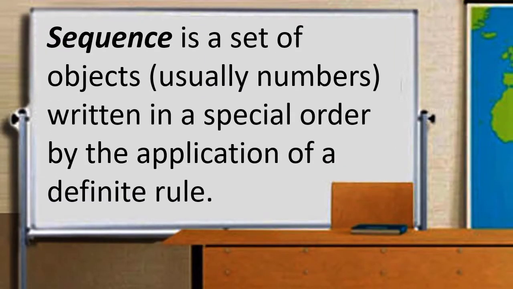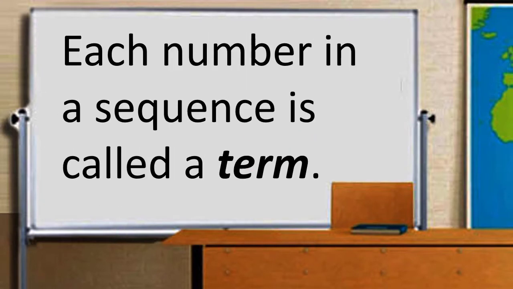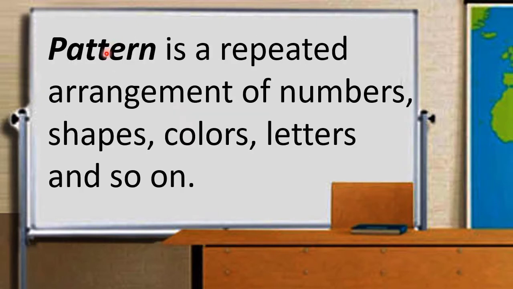First and foremost, let us study the different terms that later on you will encounter in our discussion. The first one is sequence. It is a set of objects, usually numbers, written in a special order by the application of a definite rule. Each number in a sequence is called a term. Pattern.